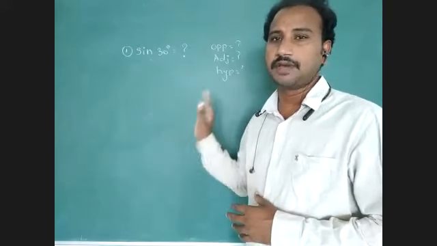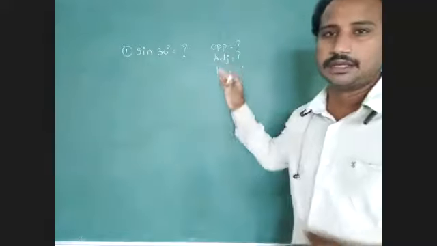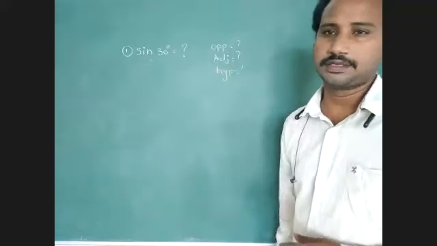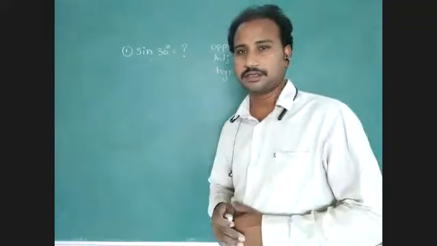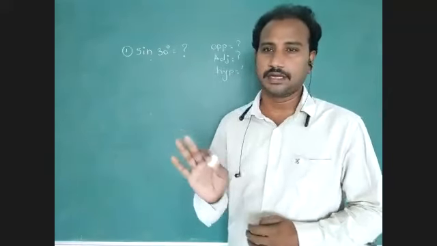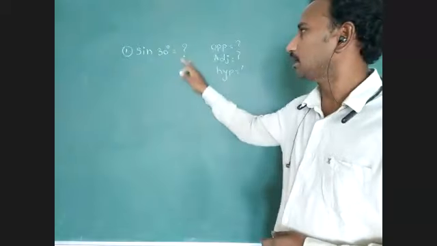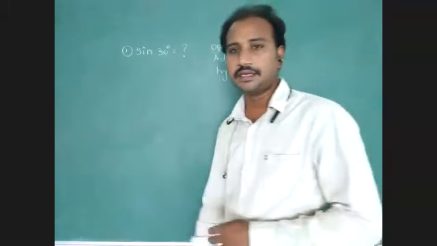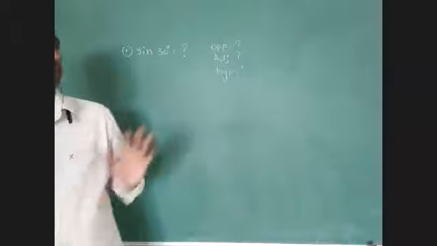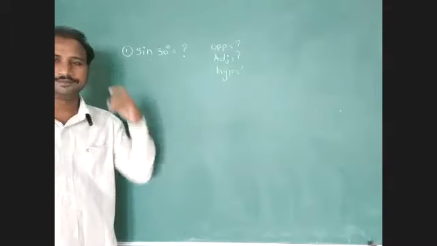With the help of those values, we identified the opposite side and the hypotenuse, and then applied the Pythagoras theorem to find the adjacent side. But here, I did not give that information for sin 30 degree. Sin 30 degree equal to question mark.